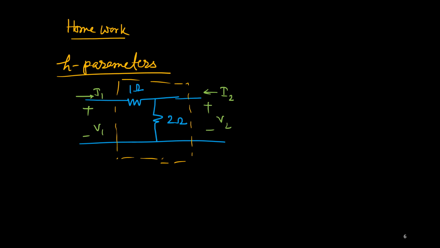Try to find all the H parameters, H11, H12, H21, H22. Try to get two equations, one is V1, another one is I2, in terms of I1 and V2, and try to solve it. I'll discuss in detail in the next video how to tackle these problems. But if you can solve this one, it's good enough. And if you get the solution, you can post it in the comment section.